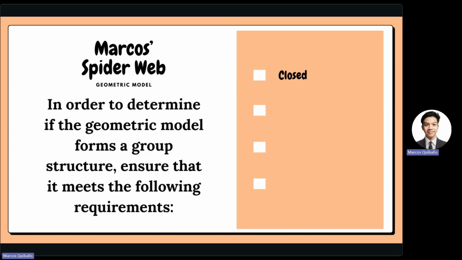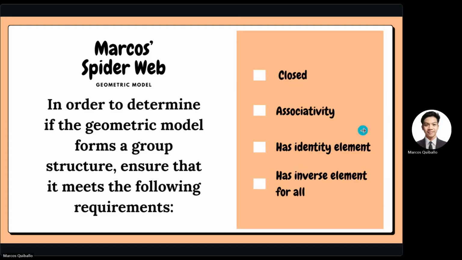It must be closed, meaning all the resulting elements in the table are in the set of letters and numbers, which are M, A, R, C, O, S, Q, T and 1, 2, 3, 4, 5, 6, 7, 8. We must satisfy associativity, it must have an identity element, and last, it must have an inverse element for all.